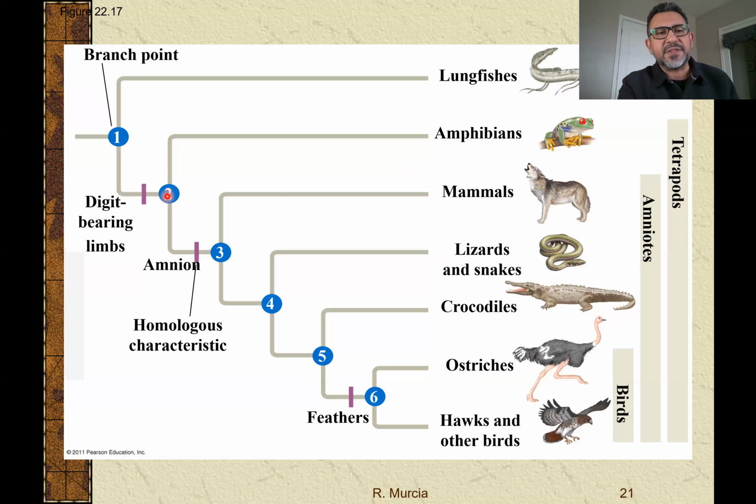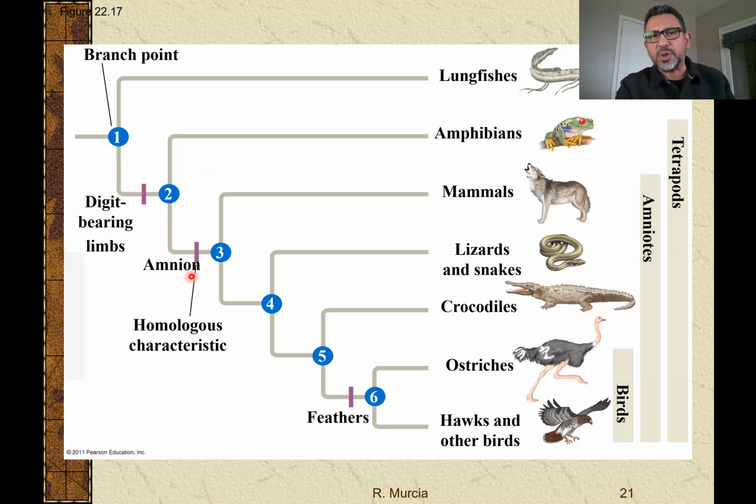But notice again that it's this point of divergence from this most recent common ancestor to all of the tetrapods. Some remained pretty much the same way, but others acquired a different change. From this point of divergence, from this common ancestor to all of the taxa on this tree, there was a group of organisms that acquired another change, and this is the amnion. The amnion is a particular sac you notice in eggs with a shell.